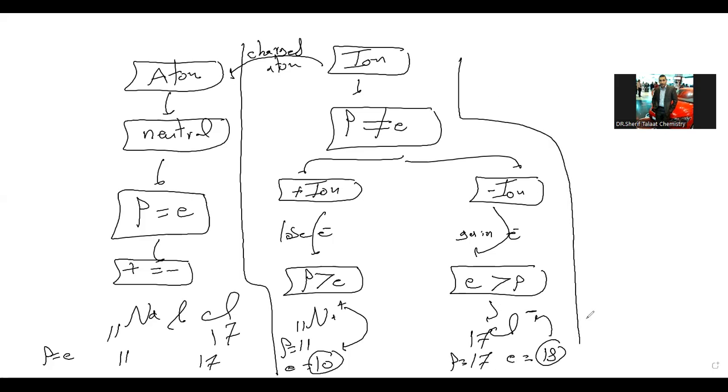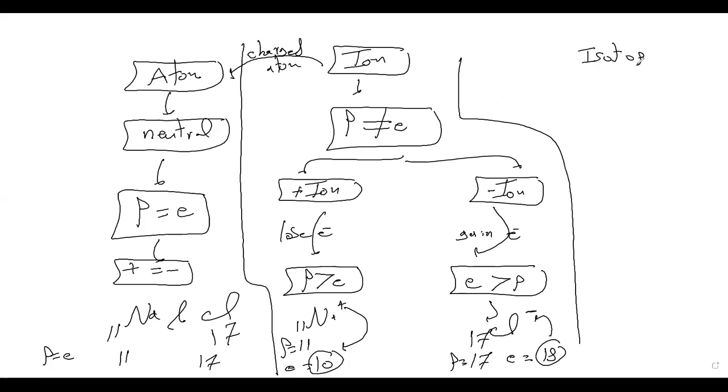Isotopes. Isotopes are atoms of the same element with the same number of protons and a different number of neutrons, or the same atomic number and different mass number. For example, if we have C-12, C-13, C-14, you will find that all of them are carbons.